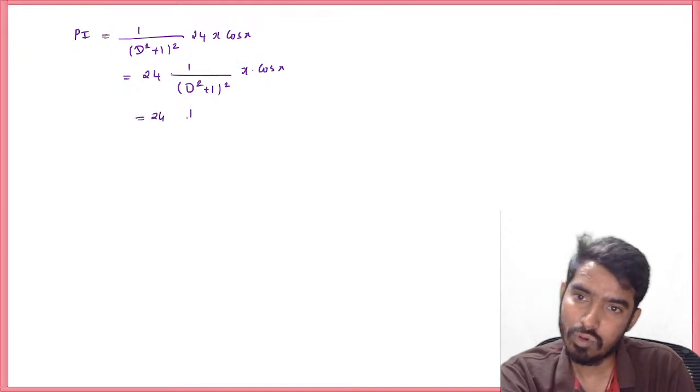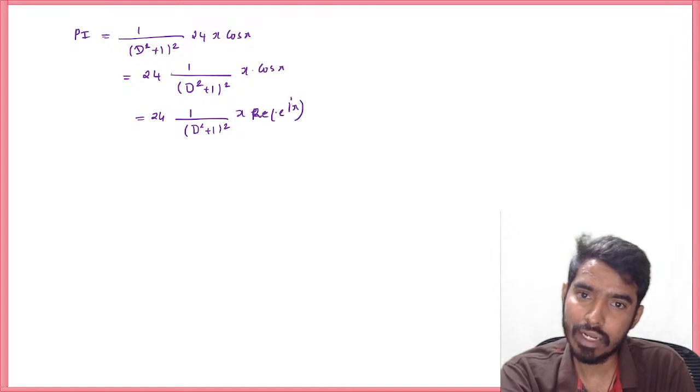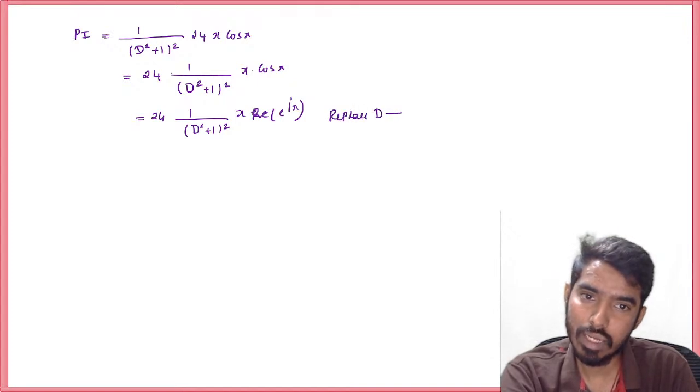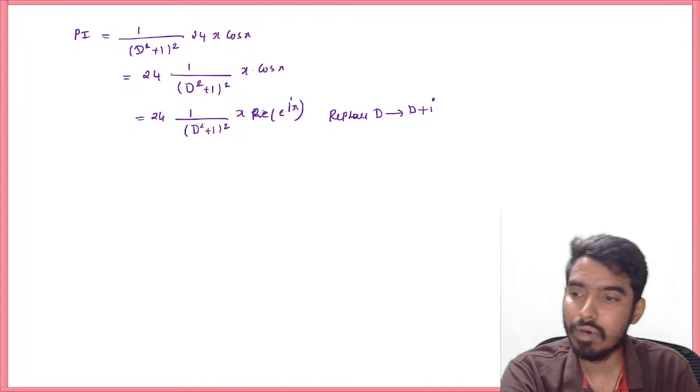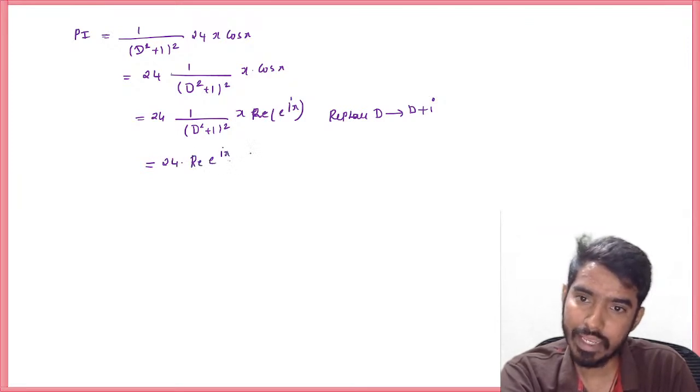Now this will be 24 times 1 by D square plus 1 whole square, x into, let's write this as the real part of e power ix, right? Cos x plus i sin x. Now we have to replace D by D plus i, with e power ix outside. So this will be 24 into the real part of e power ix, 1 divided by D plus i whole square plus 1 whole square, into x.